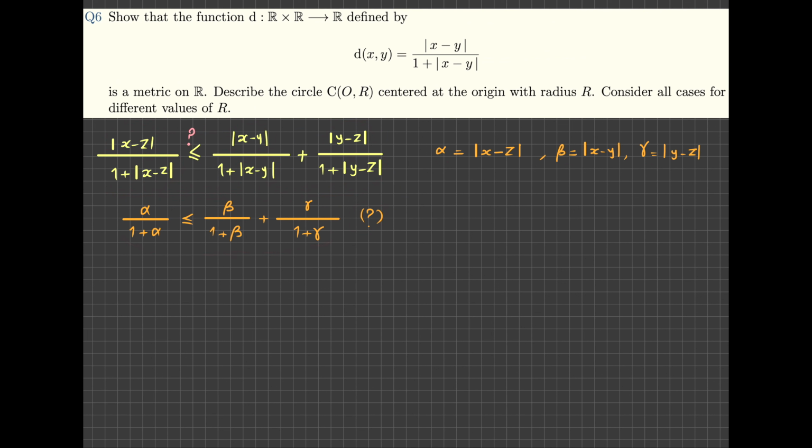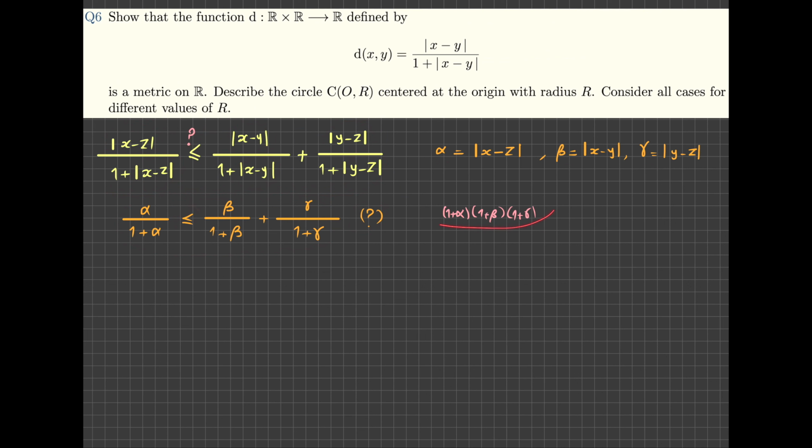So I multiply both sides of this inequality by 1 plus alpha, 1 plus beta, and 1 plus gamma. By the way, these numbers are positive because alpha, beta, and gamma are non-negative. They are outputs of absolute values. So I don't need to be worried about the direction of this inequality. I have to keep it the same.